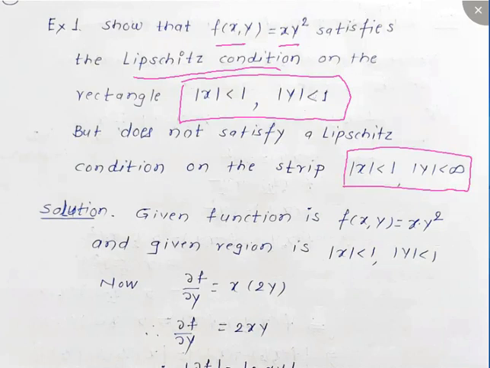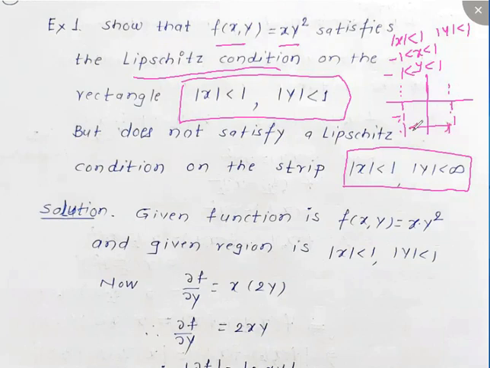Now, why is it a rectangle? Mod x less than 1 means x lies between -1 and +1, and mod y less than 1 means y also lies between -1 and +1. So suppose this is the x-axis, -1 and +1, so x lies between -1 and +1.